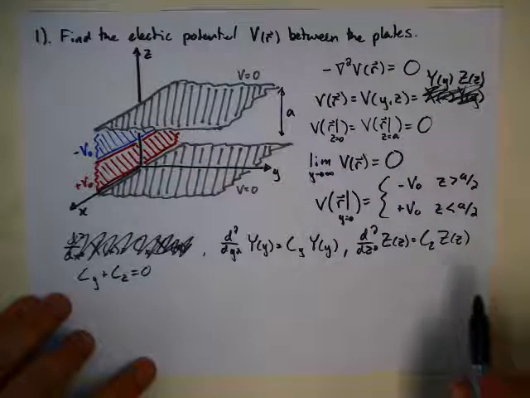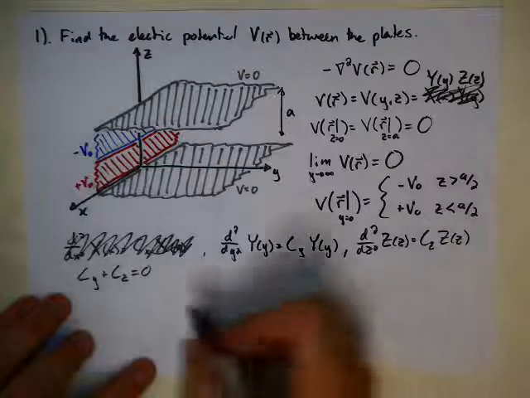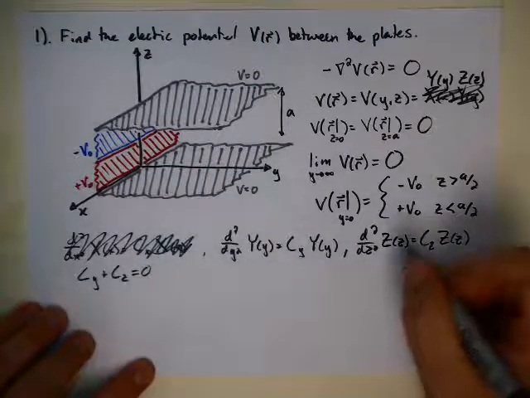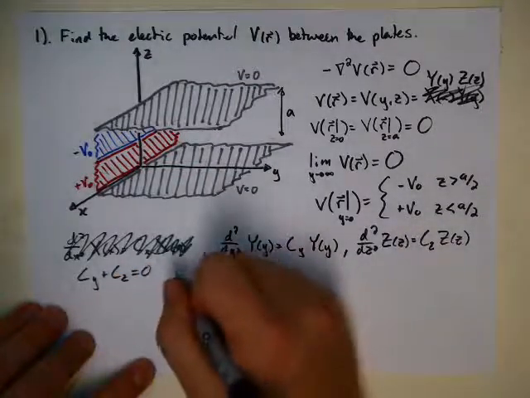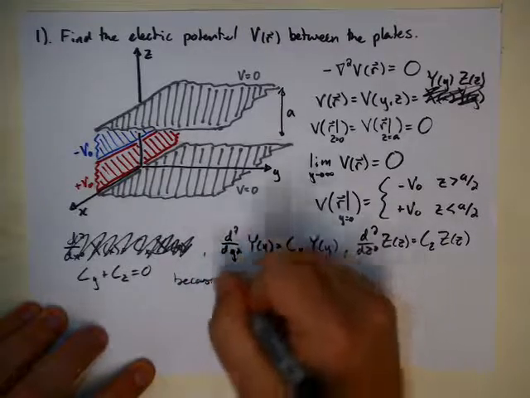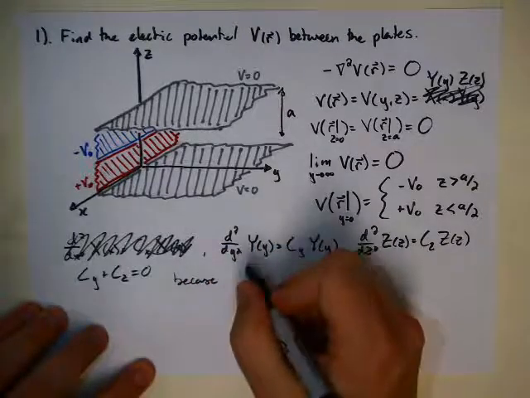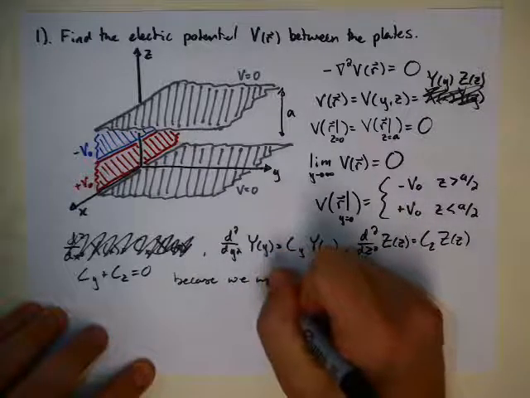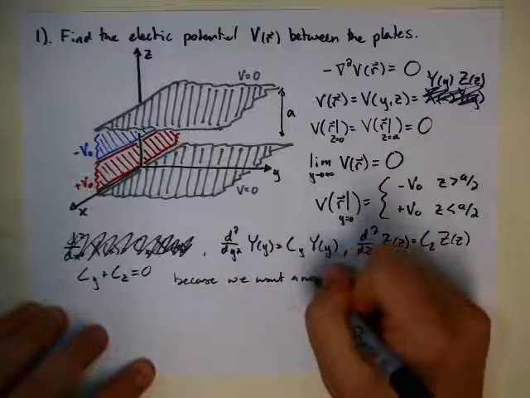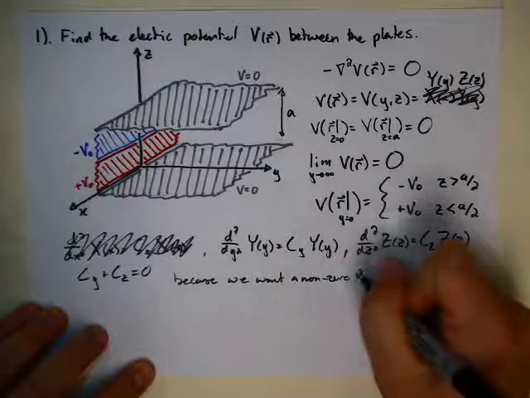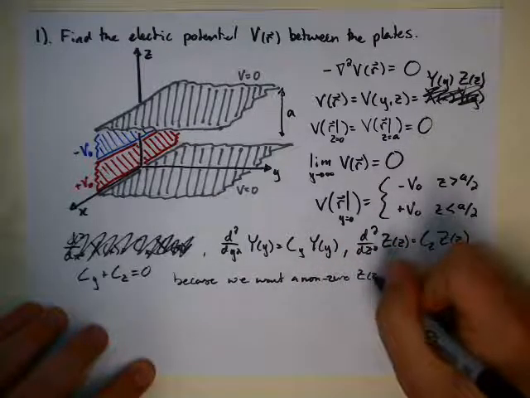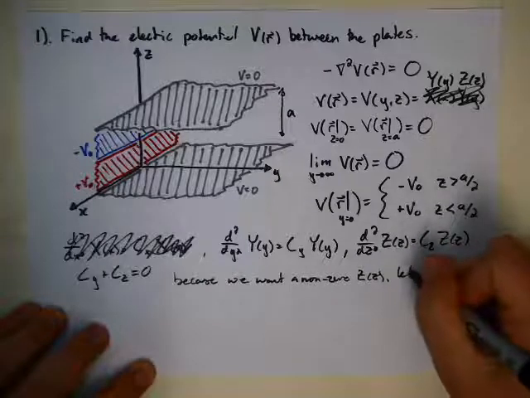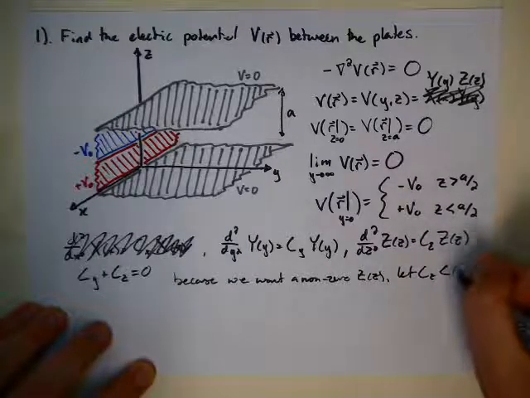The way I do that is by setting Cz less than 0. And so here, because we want a non-zero Z, I'm going to let Cz be less than 0.